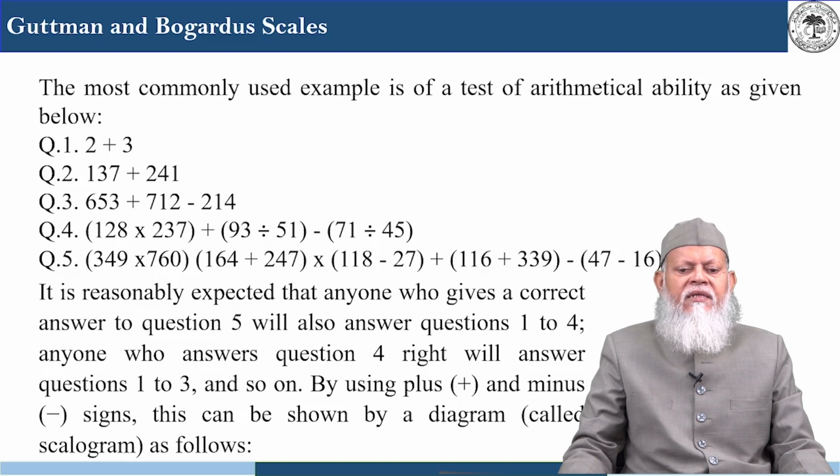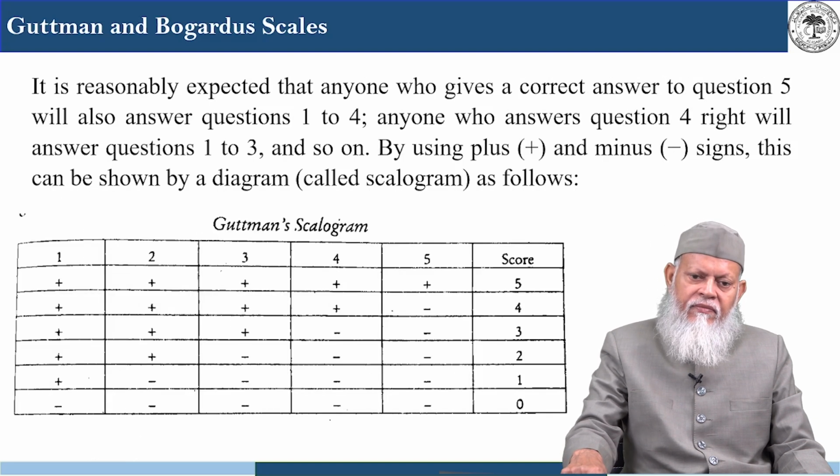And anyone who answers question 4 right would answer the questions above it, that is 3 to 1, and so on. And by using plus and minus signs, this can be shown by a diagram called scaleogram as follows.